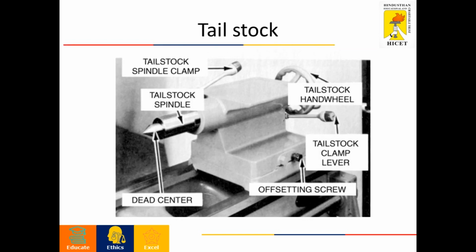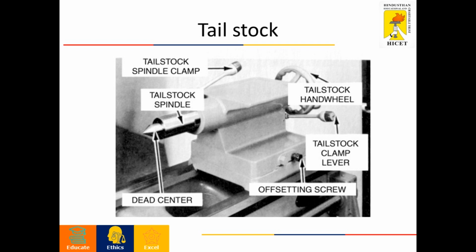This is the tailstock. It is also called the dead center because it is not connected with the motor. Normally it is used to hold lengthy components. The dead center spindle is used to support a long shaft.